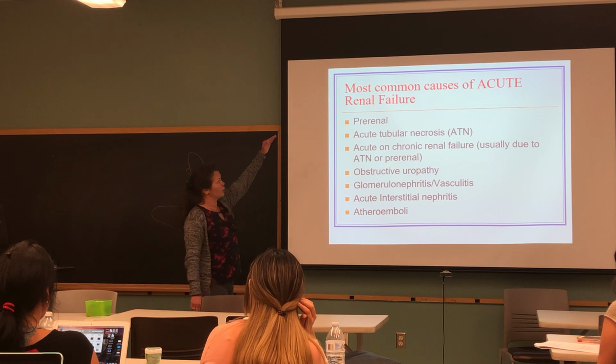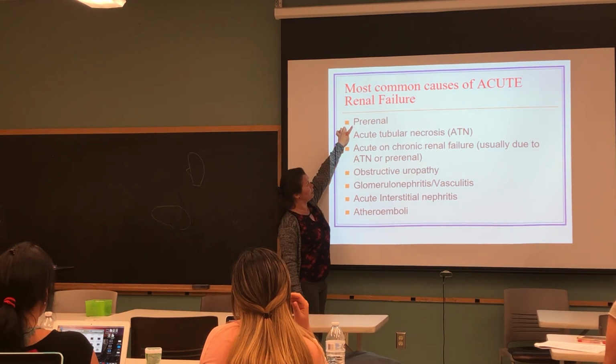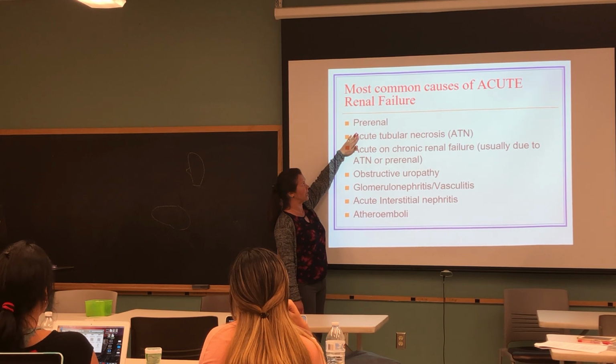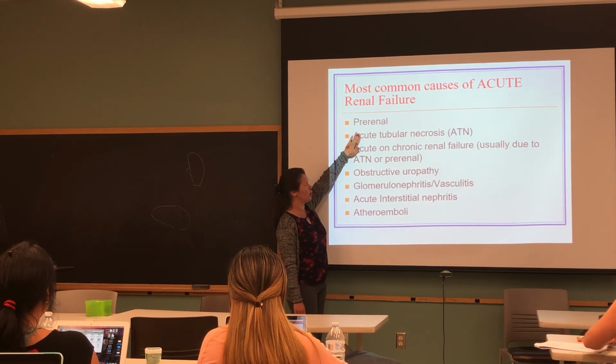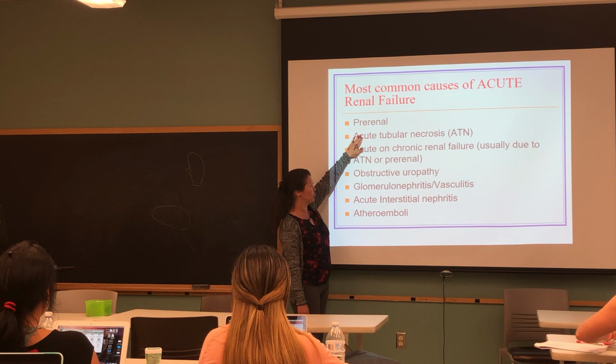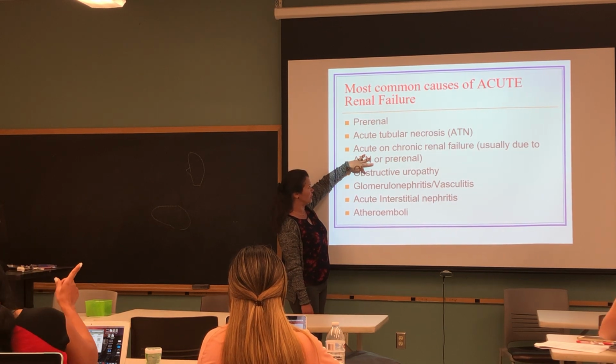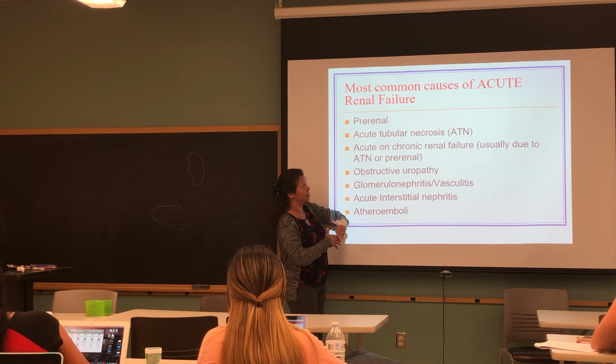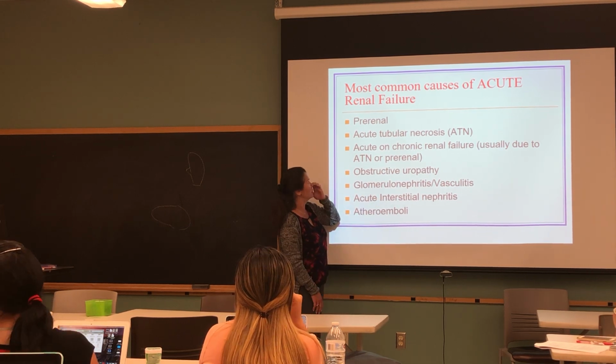Again, the most common cause is pre-renal, followed by acute tubular necrosis, which is the most common cause of intrarenal. Even though it's a little disorganized, it's just based on the most common causes, okay?